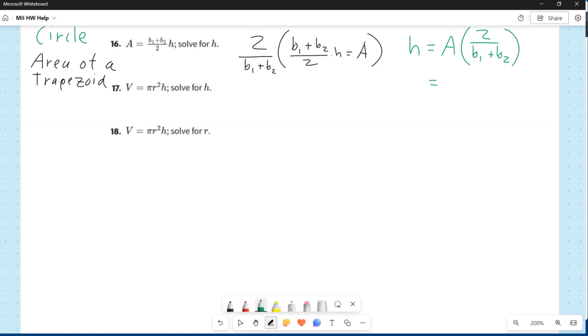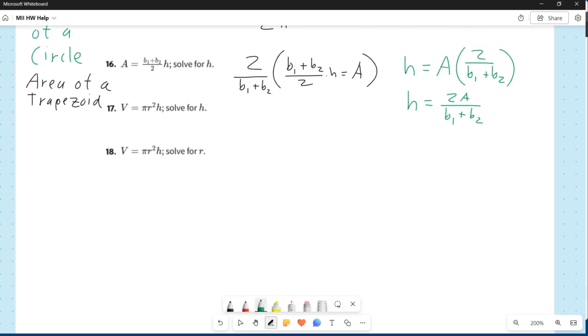Maybe equally valid, in my opinion, would be if you wanted to, you could take the A and smush it into the numerator of your fraction, and that means you'd be left with 2A in the numerator, and then B1 plus B2 in the denominator, and this is still H. These are mathematically equivalent for sure, and I'm not even really sure which one would be better.